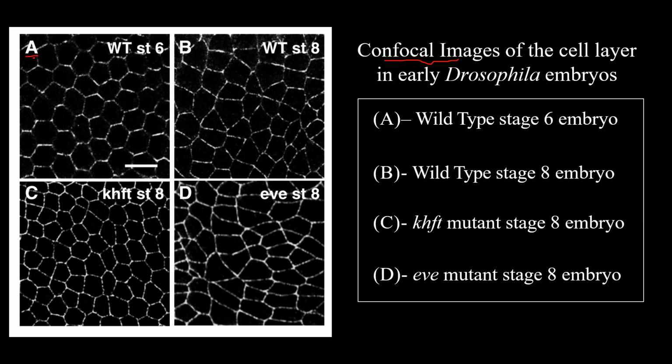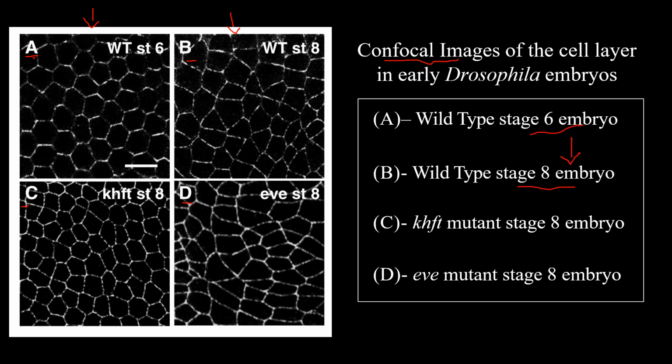Here you have A, B, C, and D. So A is a wild type in stage 6, B is a wild type in stage 8. If you see, in this stage it looks more like a honeycomb pattern. In this one, the geometry starts changing a little bit.